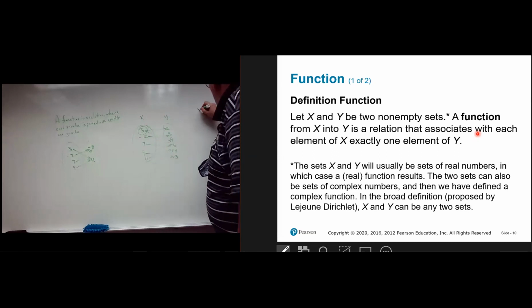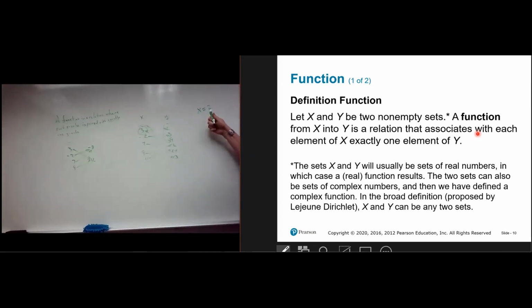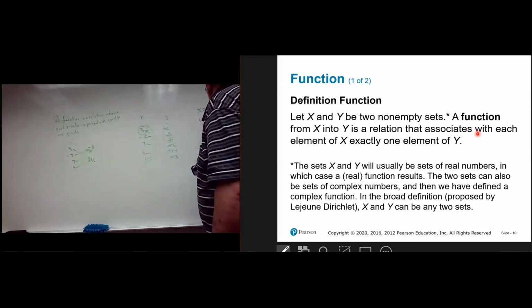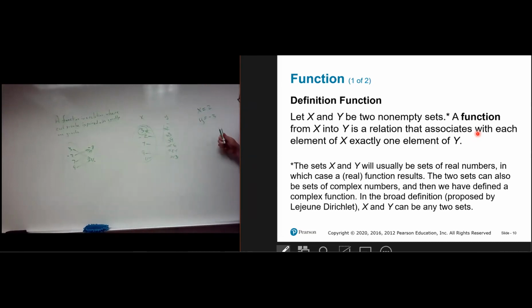That's why the line x equals 2 is not a function, because every point on that line has the exact same x value. They all have different y values, but they have the same x value. That's why a horizontal line, y equals -3, is a function, because all the x values are different.